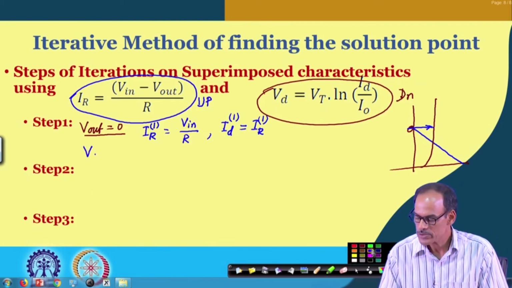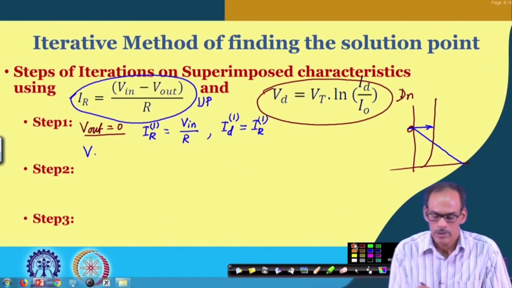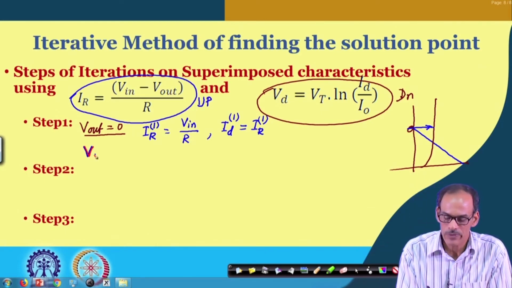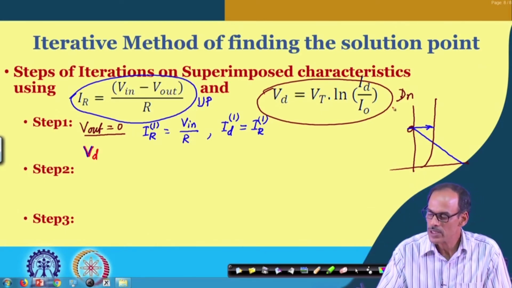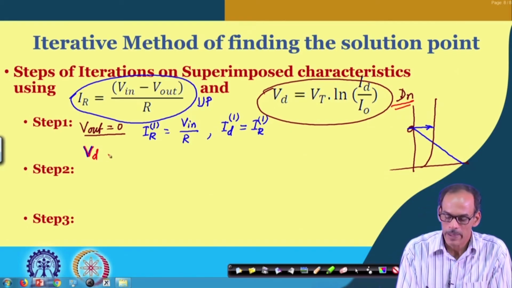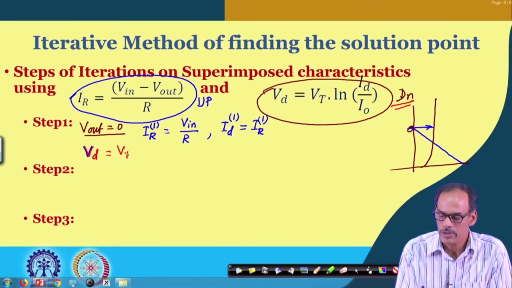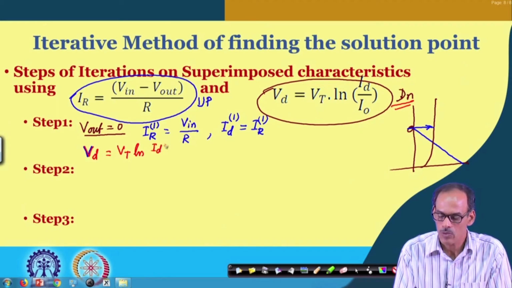So, let me use a different color here. We are getting this V d using this down characteristic curve. It is equal to V t ln I d 1 by I naught. I naught is basically the reverse saturation current.